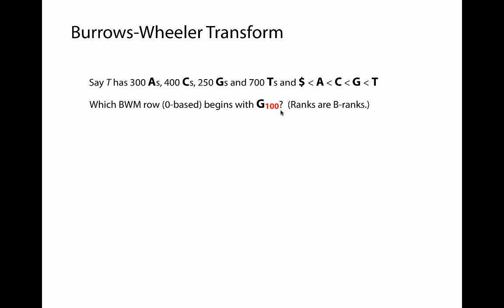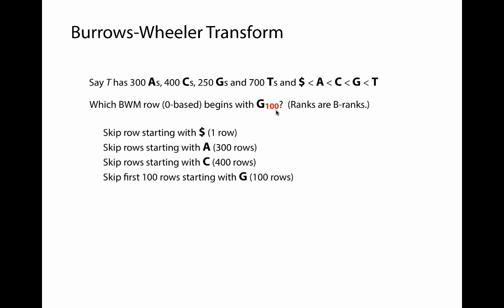Well, again, we know we have to skip over the $ sign, and we know we have to skip over all the A's, and we know we have to skip over all the C's. So we've already skipped over 701 rows. And now we want the G that's of rank 100. In other words, 100 G's came before that. So we have to skip over 100 G's. So we skipped over $ sign, we skipped over 300 A's, 400 C's, and 100 G's, which means we need to skip 801 rows.